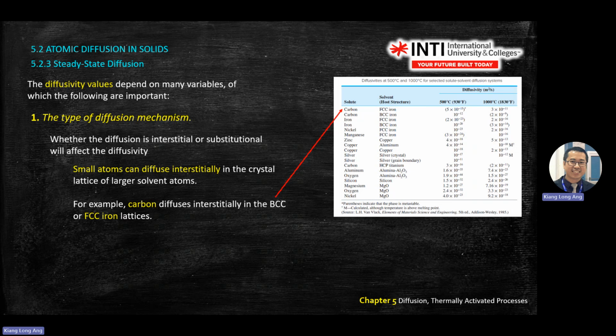This table already tells you what is solute and what is solvent, so you need to read it carefully. The question will tell you what element is mixed in what element.